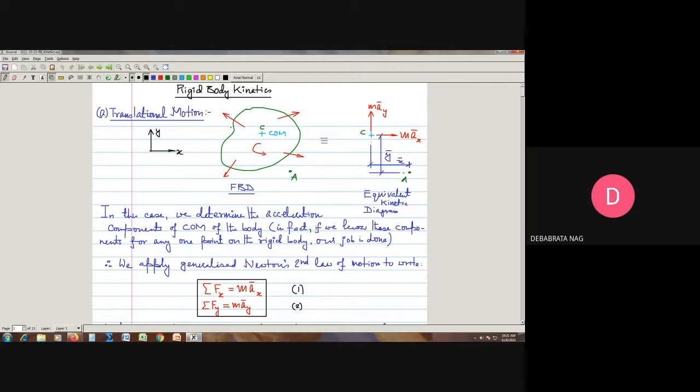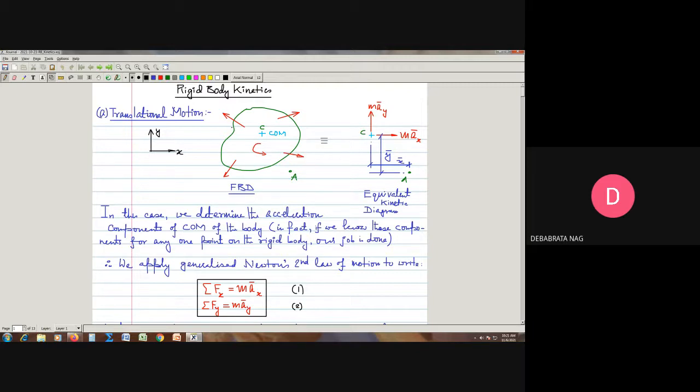Exactly in the same manner, we can have what is known as the curvilinear translational motion of a rigid body, in which all the constituent particles will move in congruent curved paths. Right, means we have the different particles moving along a curved line.